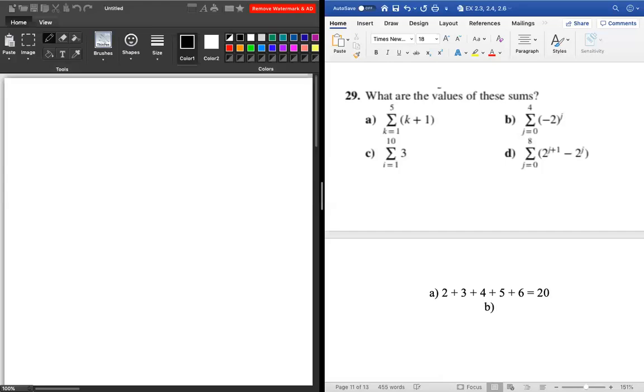Part number B. We start from 0 and then we go up to 4. We have this minus 2 to the power of j. I'm just going to copy and paste it a couple of times. So we have the sum for 0, 1, 2, 3, 4.